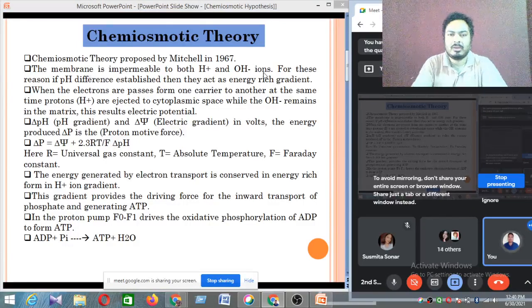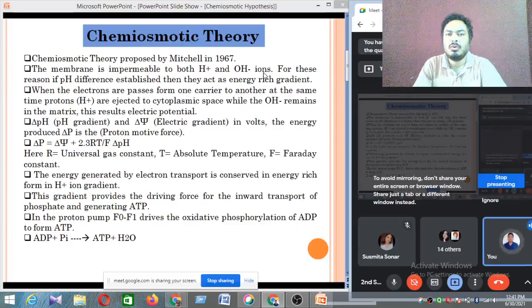Which membrane? The inner membrane, where the different complexes are there. The inner membrane is impermeable to H plus as well as OH negative ion.